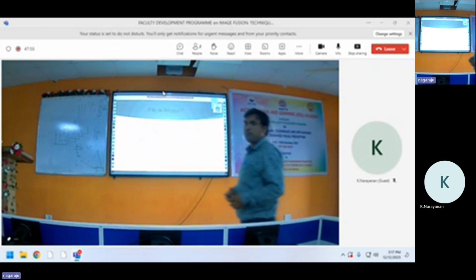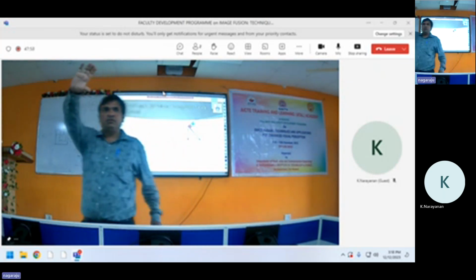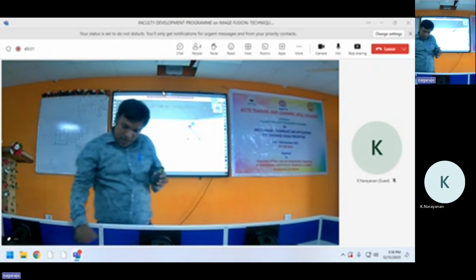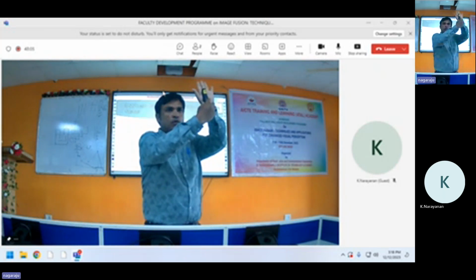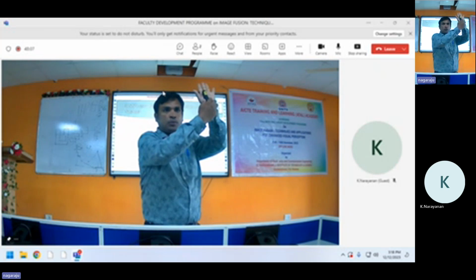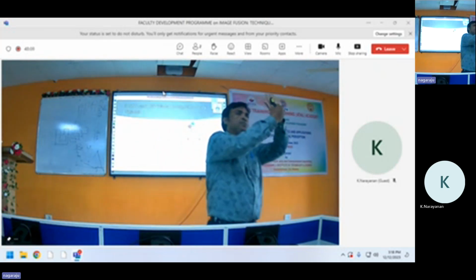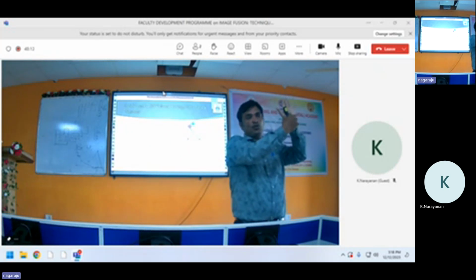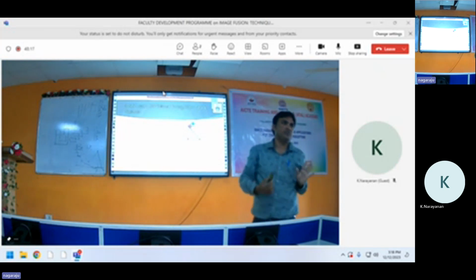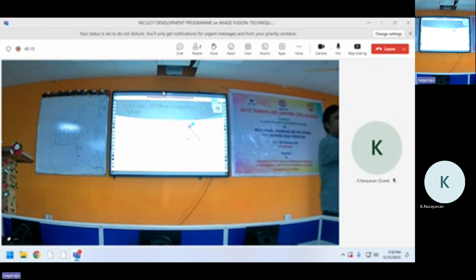As a simple example, I have taken one image and applied one convolution operation on it. You know very well what convolution operation means: direct multiplication with the image. A 3 by 3 matrix multiplies 3 by 3 values, so at a time 9 values are covered. That is called the first feature. The second time you apply it here, you calculate 3 cross 3 and again 9 values are covered.